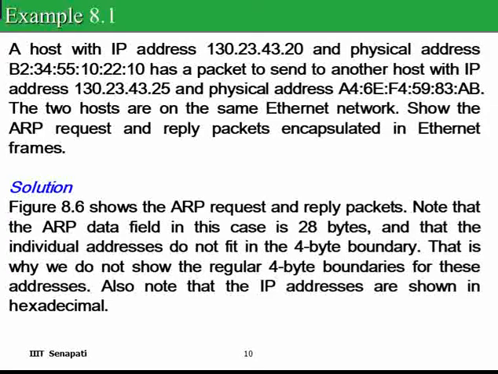So now you have understood how your ARP request and reply work. Suppose now a host with an IP address ending in 43 or 20, and a physical address, has a packet to send to another host with its IP address and physical address.